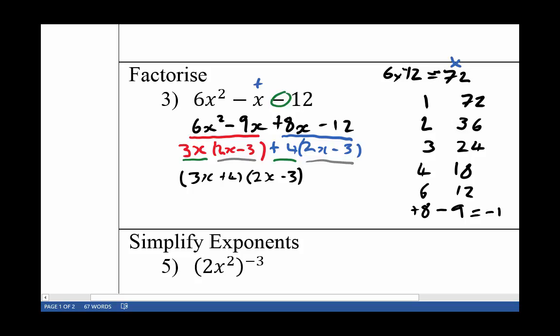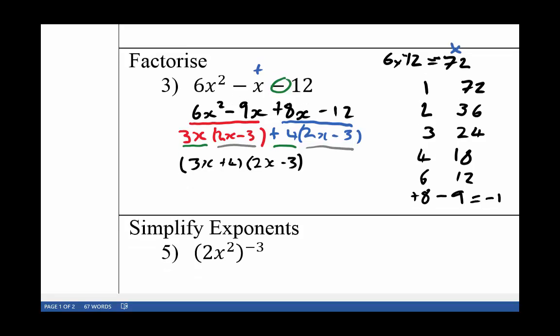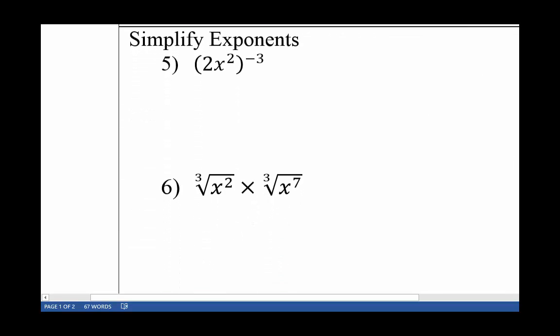These ones here are probably the hardest achieved questions, I would say. Okay, except for potentially the next ones. So, next question, it comes to exponents. So we need to simplify this. The first thing we need to do is look, it has a negative 3. So if it's a negative 3, we're going to flip it upside down, and we can imagine that it is over an invisible 1.